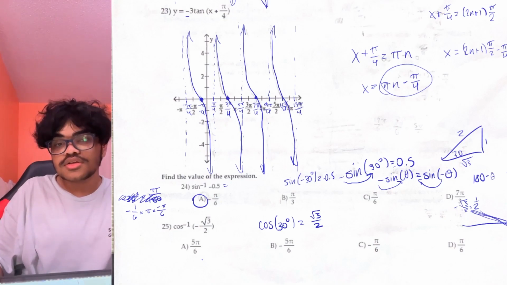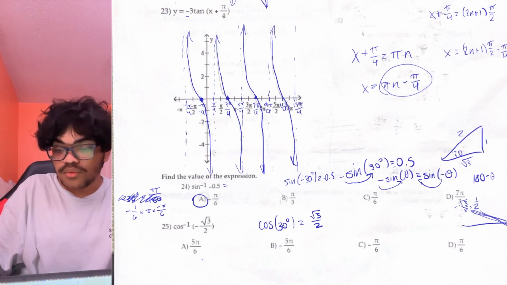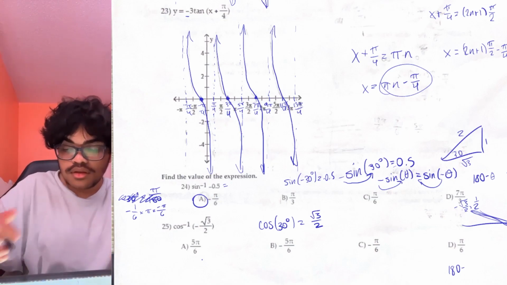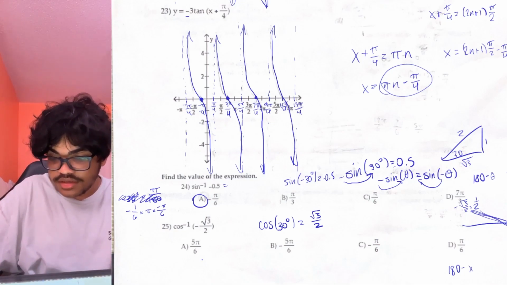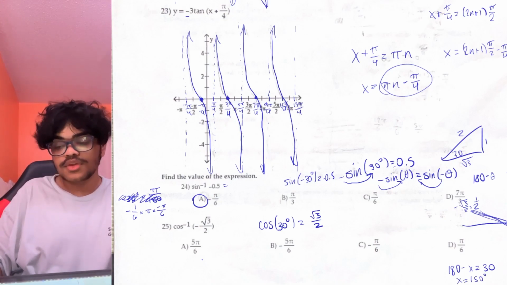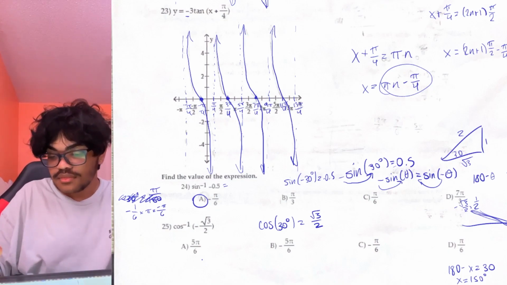So now we can work this out as an algebraic equation. So 180 minus our angle x is equal to 30 degrees. If we add x and subtract 30 on both sides, we'll get that x is equal to 150 degrees. Okay? You can move that around and do that.